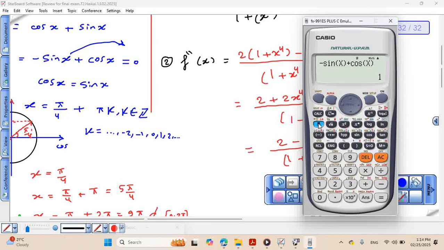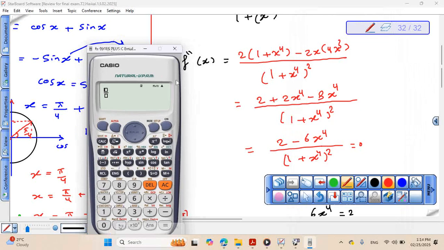Okay, let's start here. This is the fraction 2 minus 6x to power 4 over 1 plus x to power 4, close the bracket, squared.